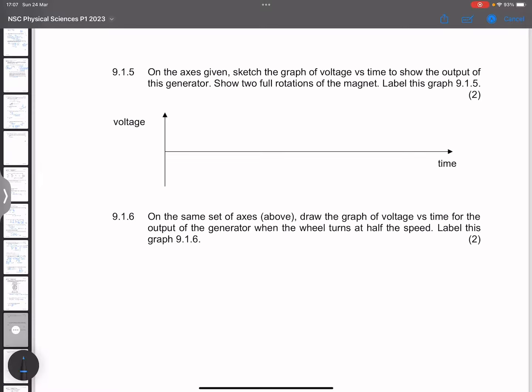The next one says, on the axis given, sketch the graph of voltage versus time to show the output of this generator. Show 2 full rotations of the magnet. Label this 9.1.5.